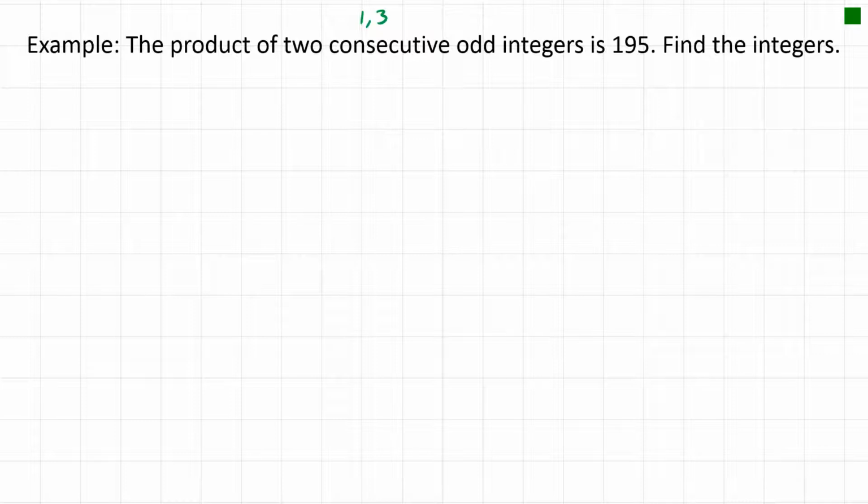Another pair would be something like negative 21. What would be the next odd integer that's greater than negative 21? The next number would be negative 20, but that's not odd. So the next number after that would be negative 19. So those are examples of consecutive odd integers.